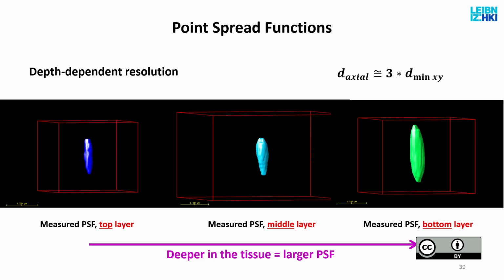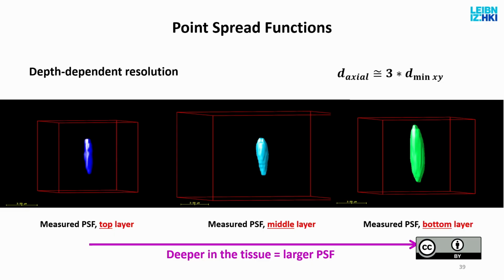Your information from the part of the tissue that's close to the objective lens will be much better resolved than the information that you get from deeper in the tissue. Eventually, you will lose the details when you focus very deep, for example, in brain tissue, liver. They are very scattered, bone marrow in this case. Eventually, you will lose the resolution.